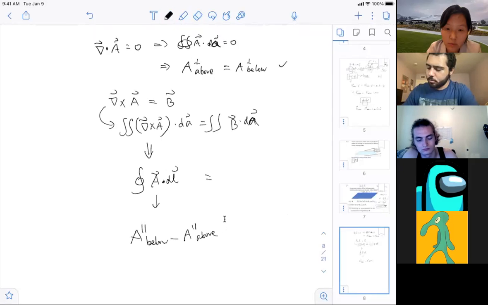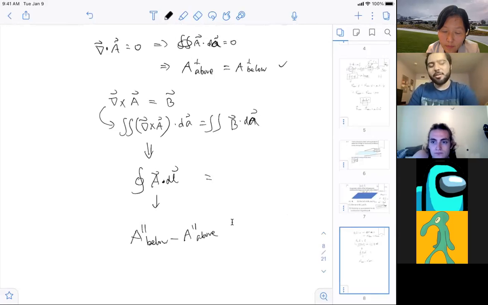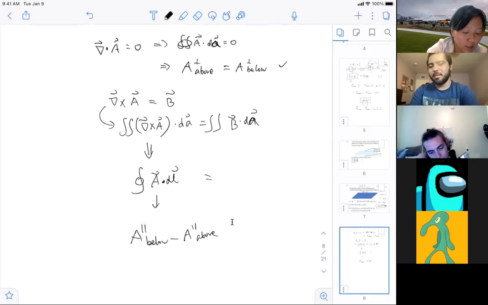Okay, what do we do for the right-hand side? Isn't it 0 because we could apply the divergence theorem to it, and we kind of stated it above. So as long as you can make the flux of B go to 0, then we can make the A continuous.